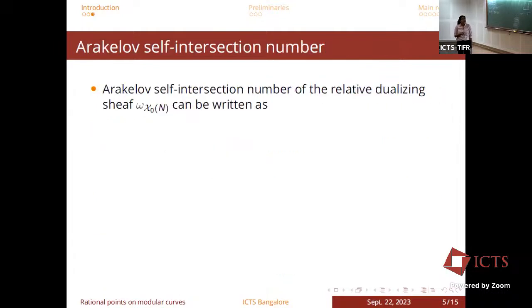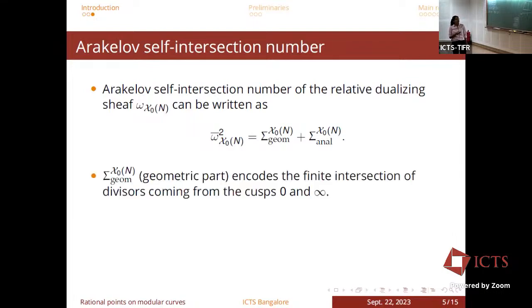The Arakelov self-intersection number of the relative dualizing sheaf can be written as the summation of sigma geometric plus sigma analytic. The geometric part is a finite sum, and this is the analytic contribution. The geometric part encodes the finite intersection of the divisors coming from the cusps 0 and infinity.